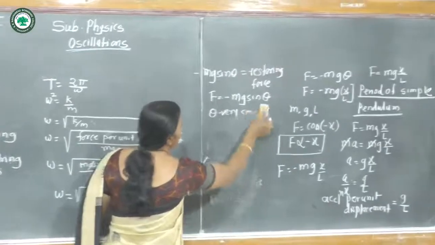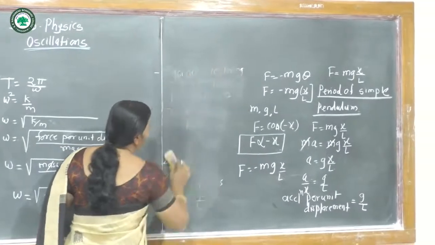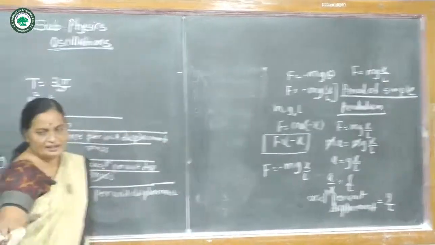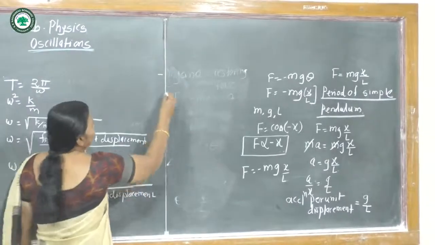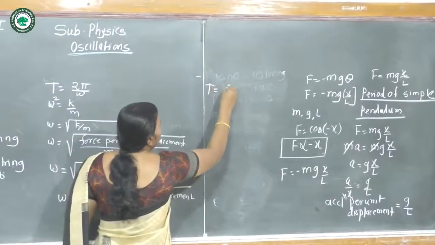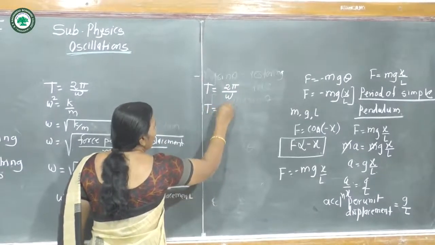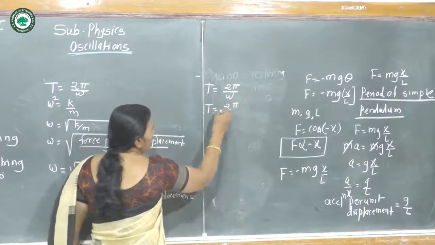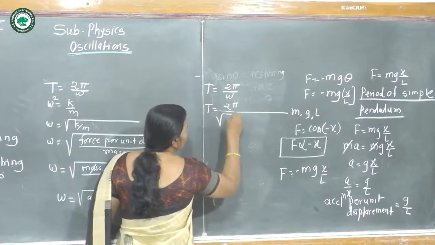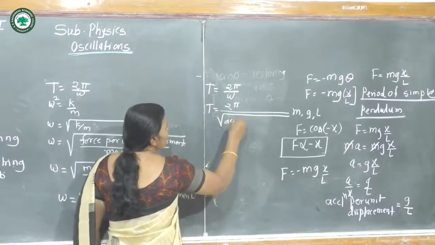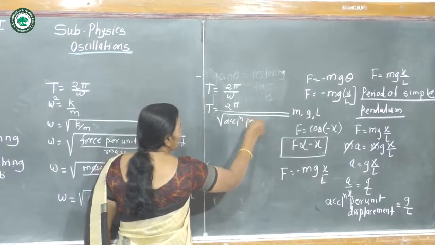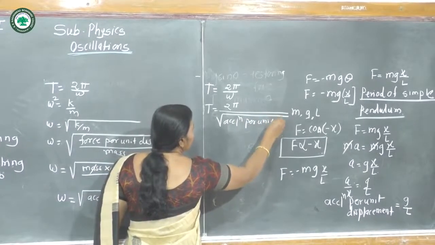Now substitute the value of omega in the equation. We get T is equal to 2 pi upon omega. That is, the value of omega is the square root of acceleration per unit displacement.